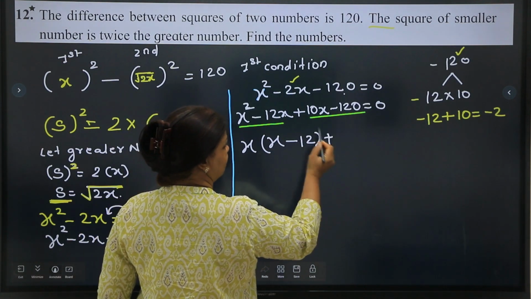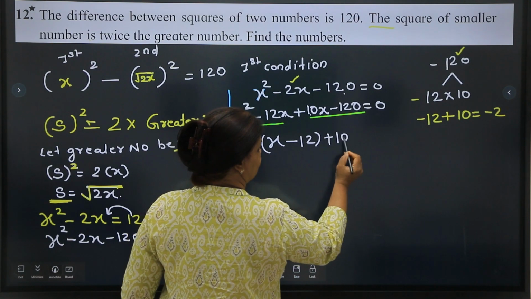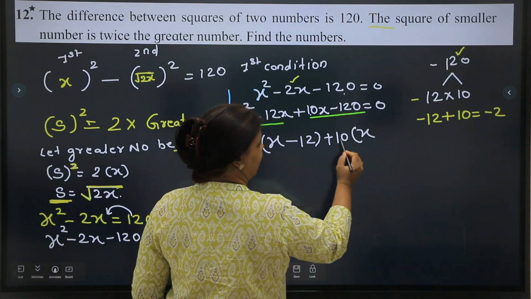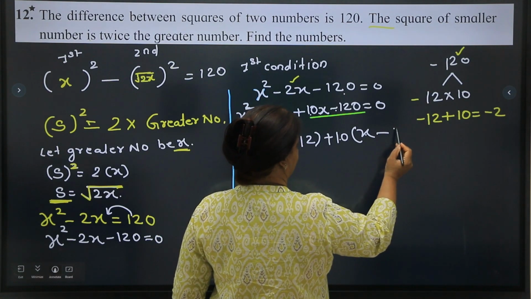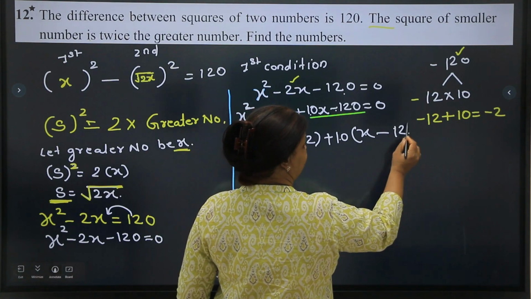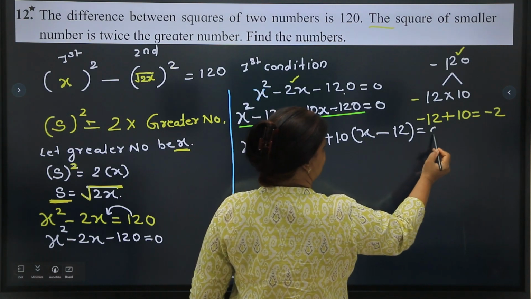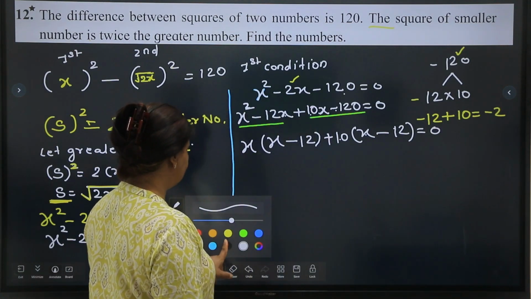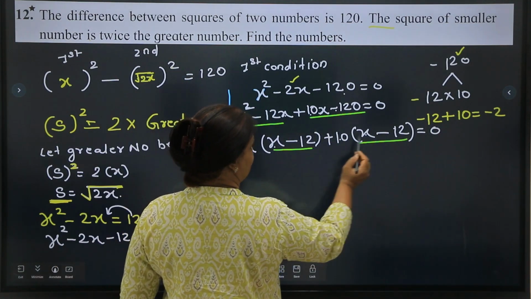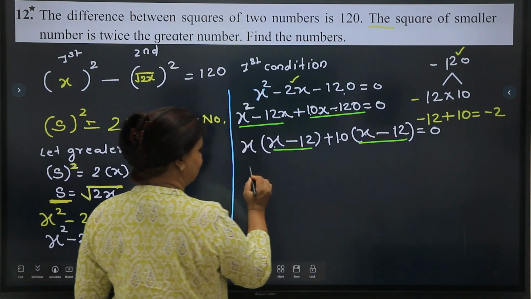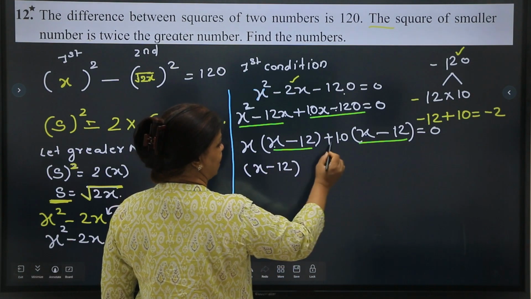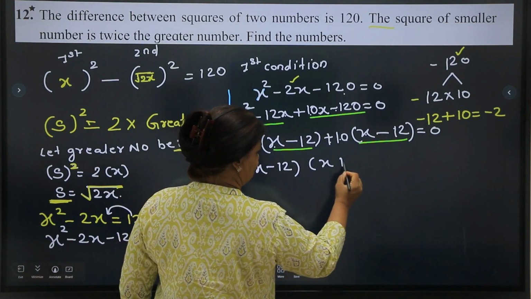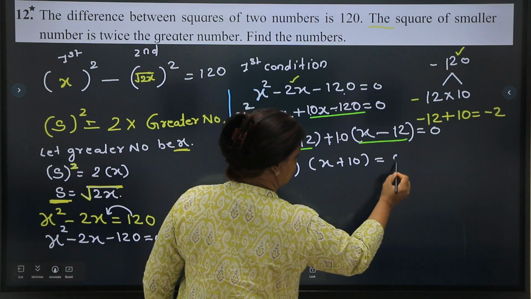Plus, here it is 10, x remains in, 10 into x is 10x, minus 10 twelves are 120, is equal to 0. Now you look at this, children. Now x minus 12 is 2 times, so I will write 1 time x minus 12. Left is x plus 10, which is equal to 0.